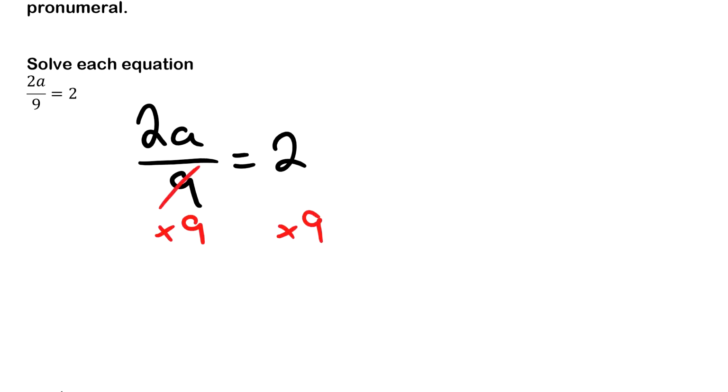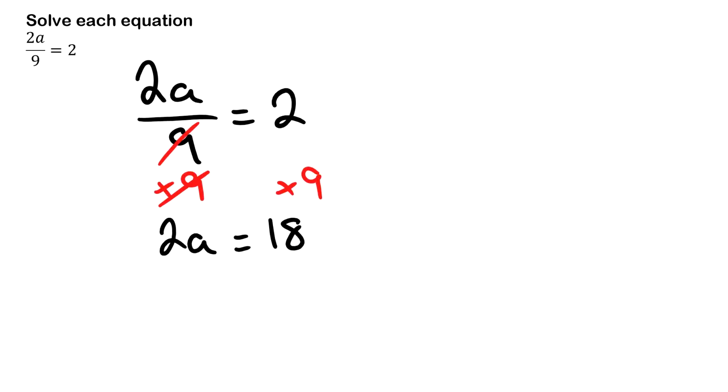So that means this 9 and this 9 now cancel out, and I rewrite what is left over. The only thing left on this left side is 2a, and now we have 2 times 9, which is 18. Now I have 2a equals 18. A little side note, remember 2a is the same as having 2 times a.